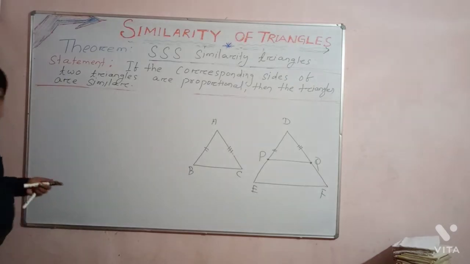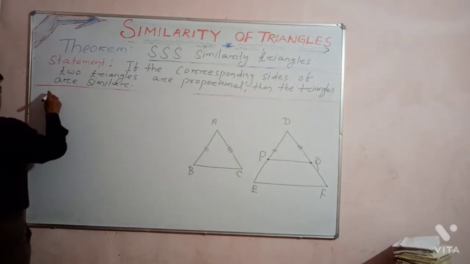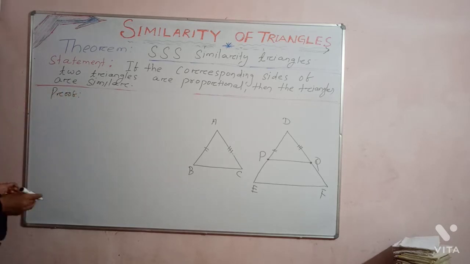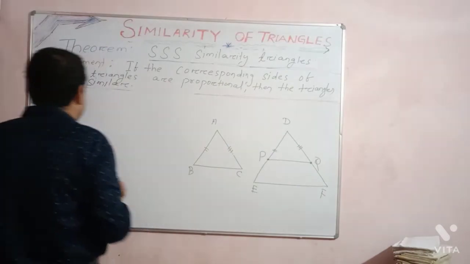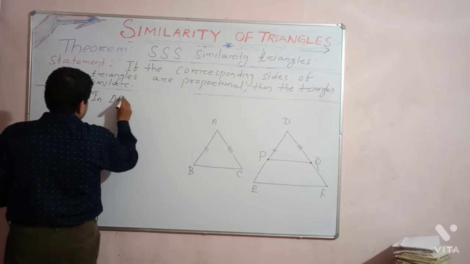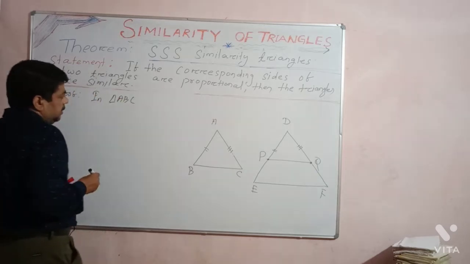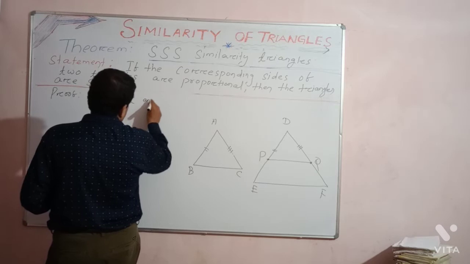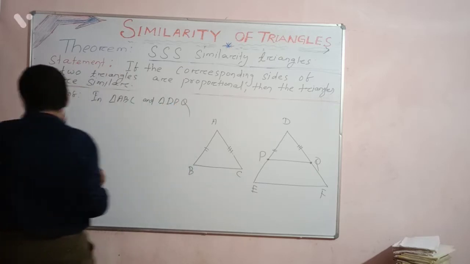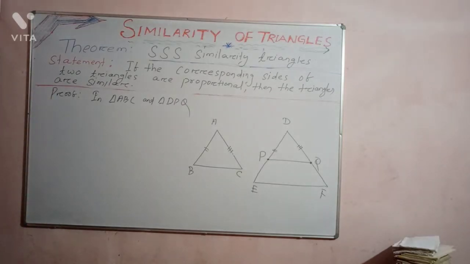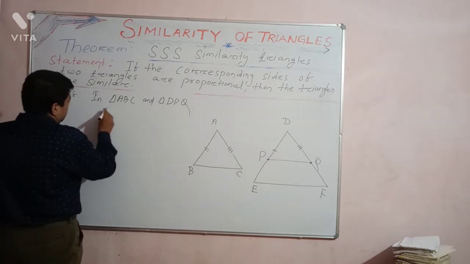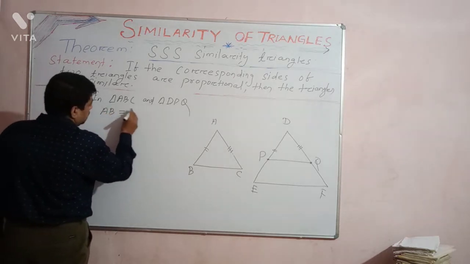Okay, students, let's see. Are you finding the similarity between triangle ABC and triangle DPQ? In triangle ABC and DPQ, first of all you see AB is equal to DP.